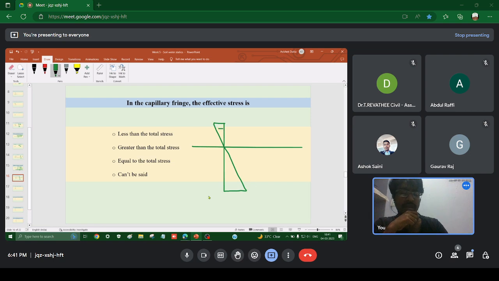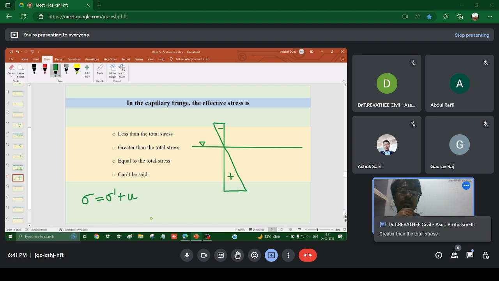This is the pore pressure diagram. It is negative and this is positive. So if the pore pressure is negative and this is the water table, in general cases, what we see that total pressure equal to effective pressure plus U, right? Isn't it? Because total pressure is the grain to grain transfer of the soil load, added on to it is the pore pressure.